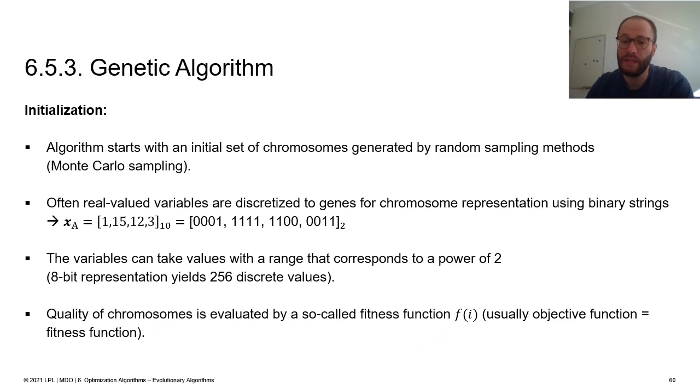So in the field of evolutionary algorithms, it's often called fitness functions. They can be the same as the objective function that we already know from the deterministic approaches, but sometimes the objective function is additionally changed to improve the convergence behavior of evolutionary algorithms.